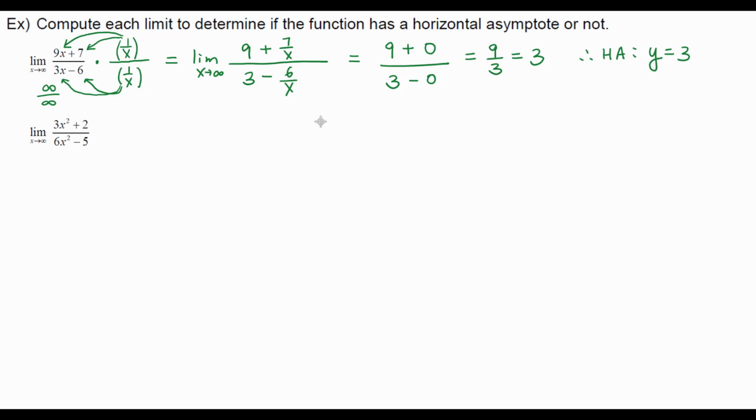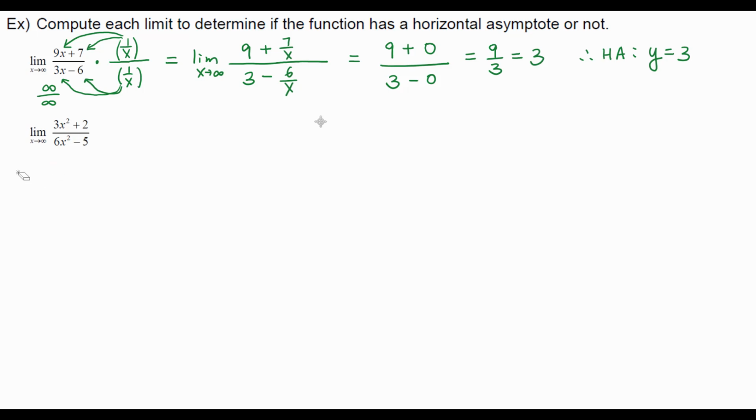Next question. How about the limit of the quantity 3x squared plus 2 over the quantity 6x squared minus 5 as x approaches infinity? Again, if you were to do the direct substitution of infinity for x, you're going to get infinity over infinity.